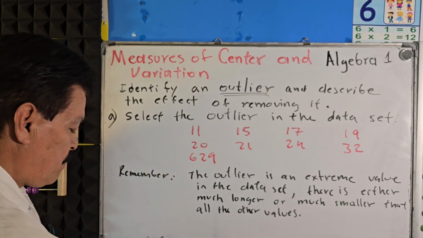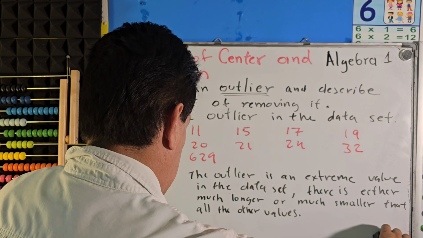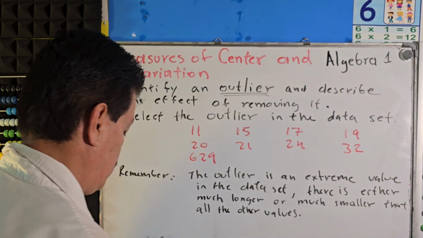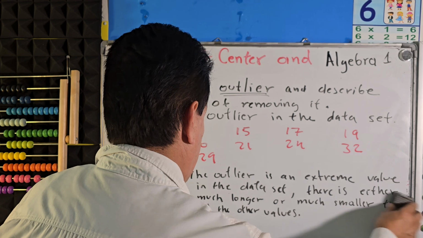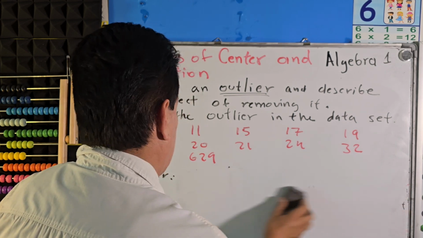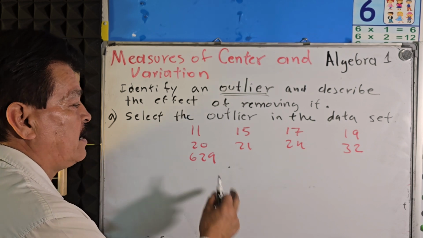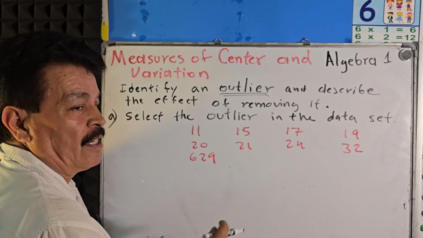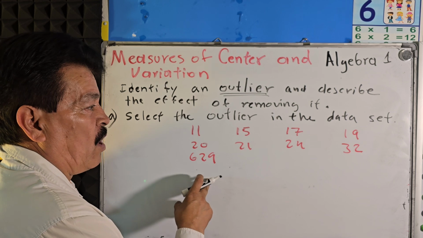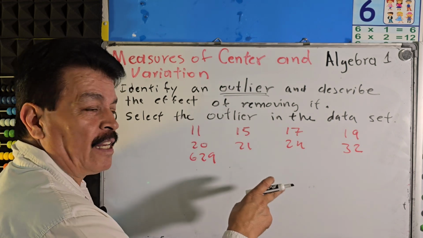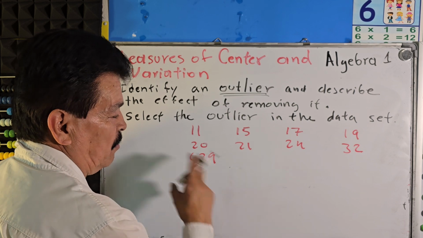Once you know what the outlier is, an extreme number in the data, which is much greater or much smaller, the smallest or the greatest.